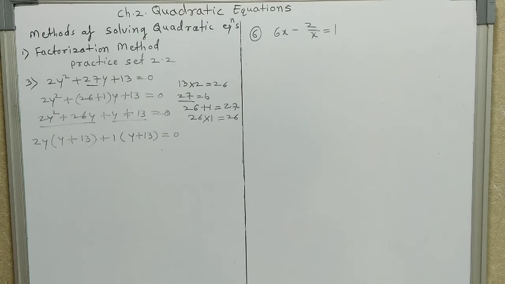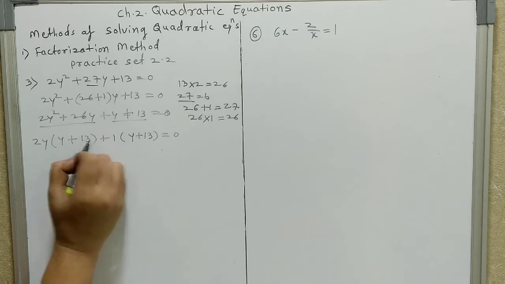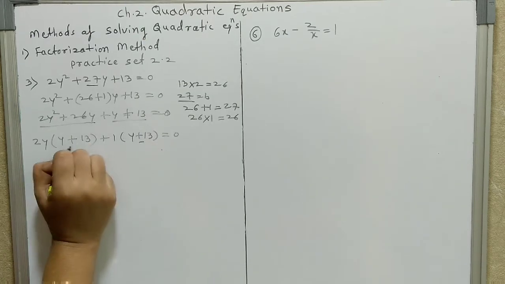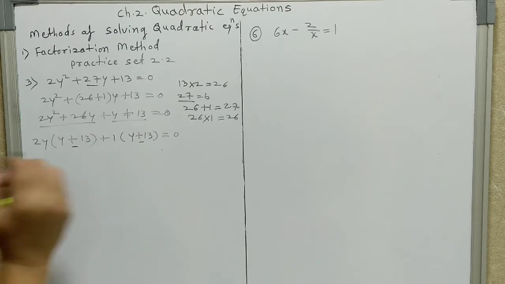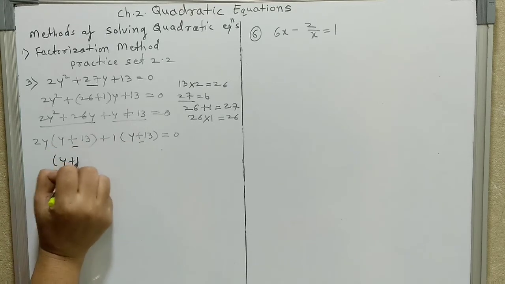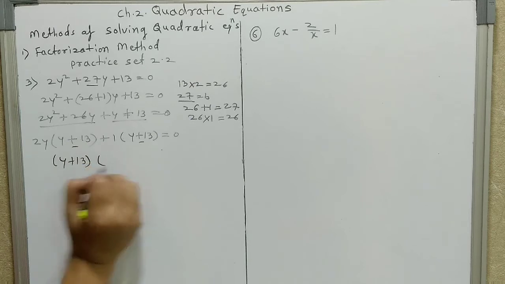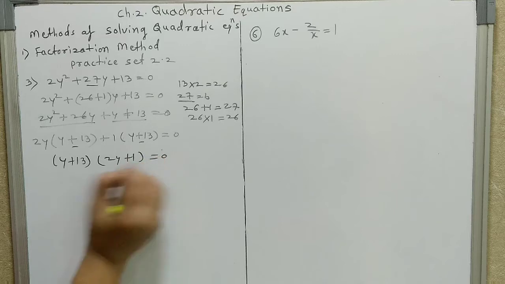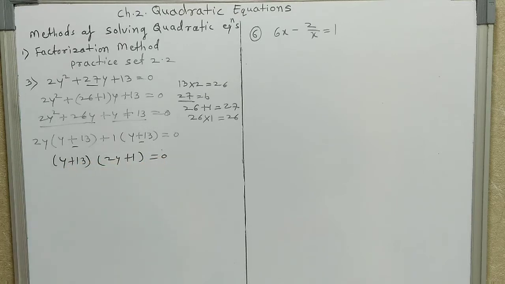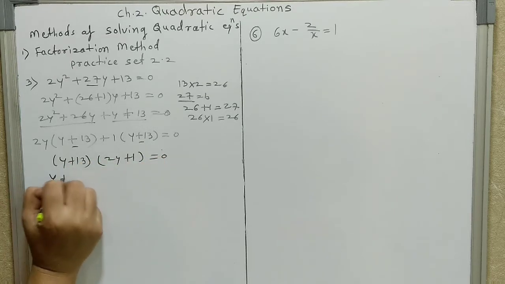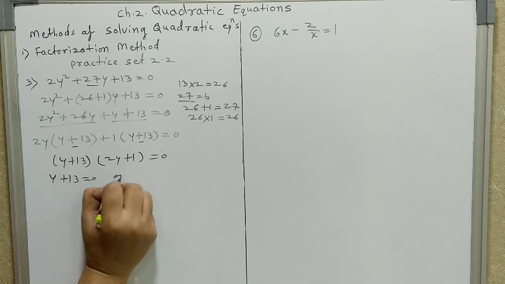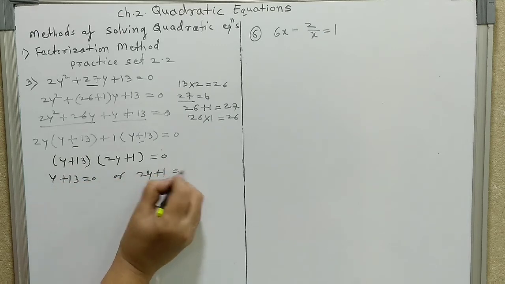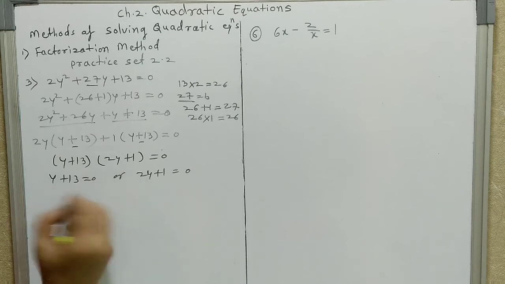Now see here, y plus 13, these are the two same brackets. So take this y plus 13 common, multiplied by 2y plus what remains, 2y plus 1 is equal to 0. So now between these two brackets the sign becomes multiplication. So y plus 13 is equal to 0 or 2y plus 1 is equal to 0. 13 here is plus, that side minus.